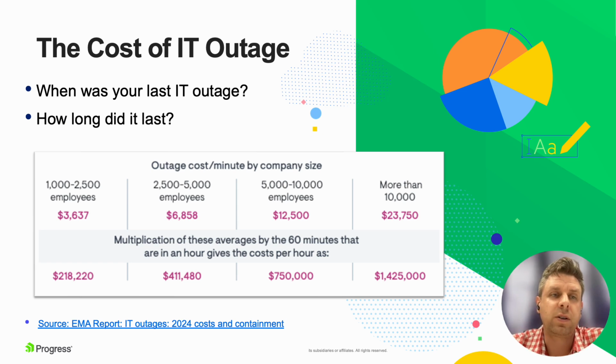But as long as the system is down, the company is losing money. In the table provided by the email report, you can find out the size of your company and roughly understand how many dollars each minute of downtime costs.